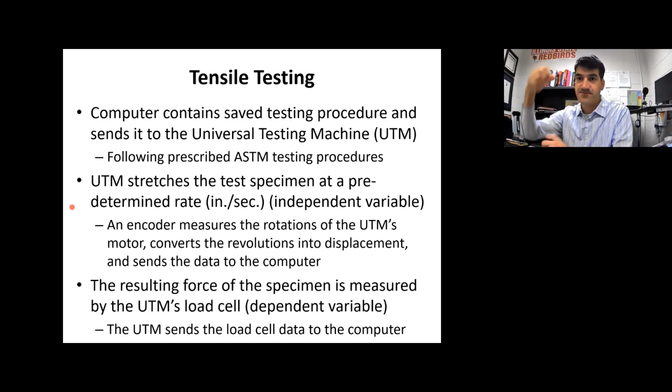Meanwhile, the dependent variable, the result, is the force. And we're going to convert those to strain and stress, respectively, in just a little bit. But for now, it should make sense that the independent variable is the stretch, and the dependent variable is the resulting force or load on the part.